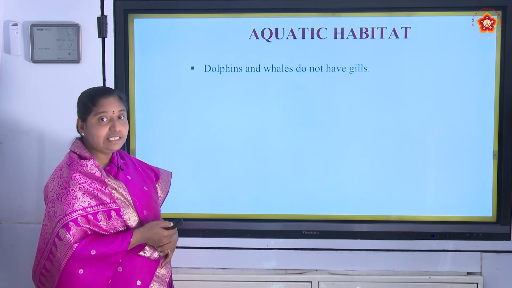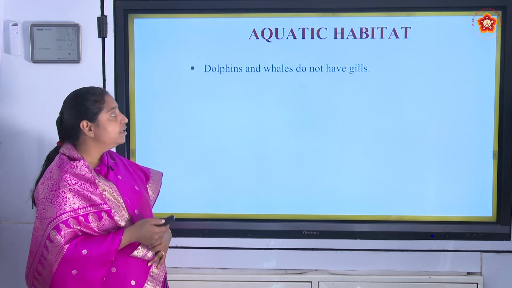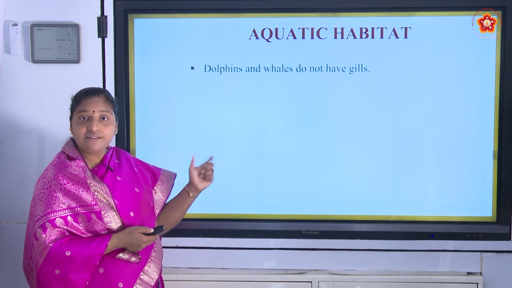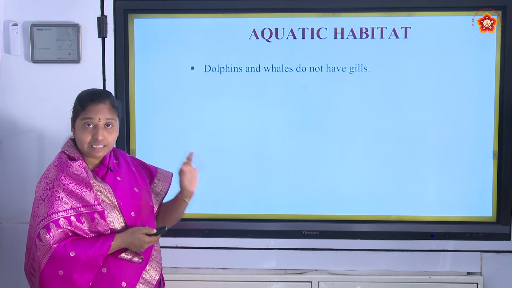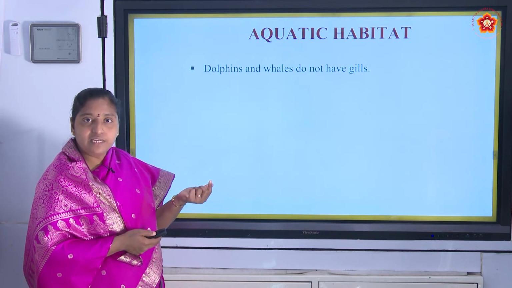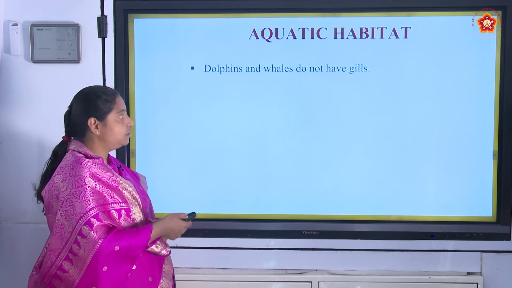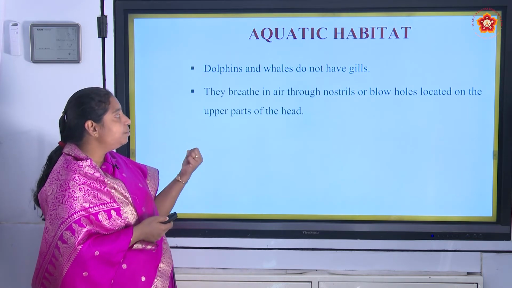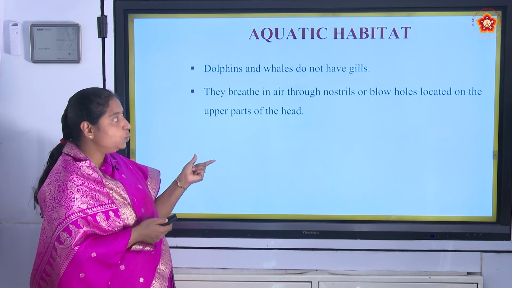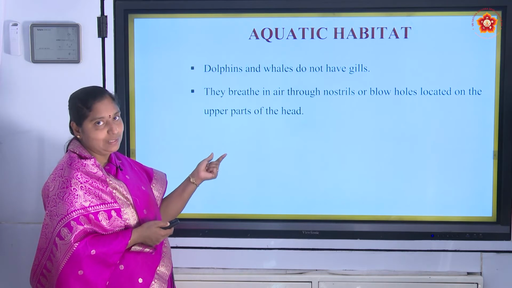Dolphins and whales are also seen in oceans, and these dolphins and whales do not have gills as in fish. Then how will they respire, we will see now. They breathe in air through nostrils or blowholes.